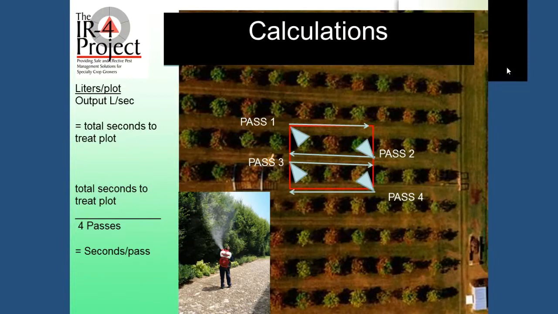Then we go on the other row, we go pass number 3, come around, and do pass number 4. So the total number of seconds to treat the plot, divided by the 4 passes, tells us how many seconds we need to walk for each pass from this point here, where we start, to that end of the plot. That's the number of seconds it takes for each pass. Next slide, please.